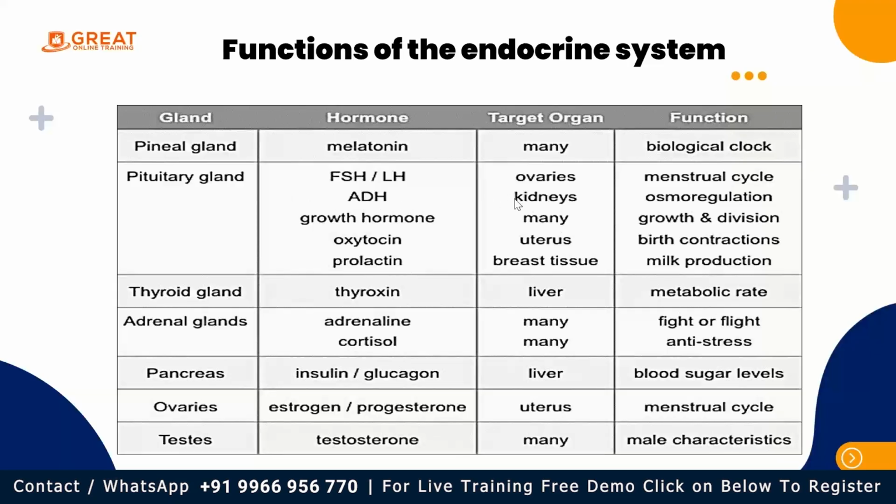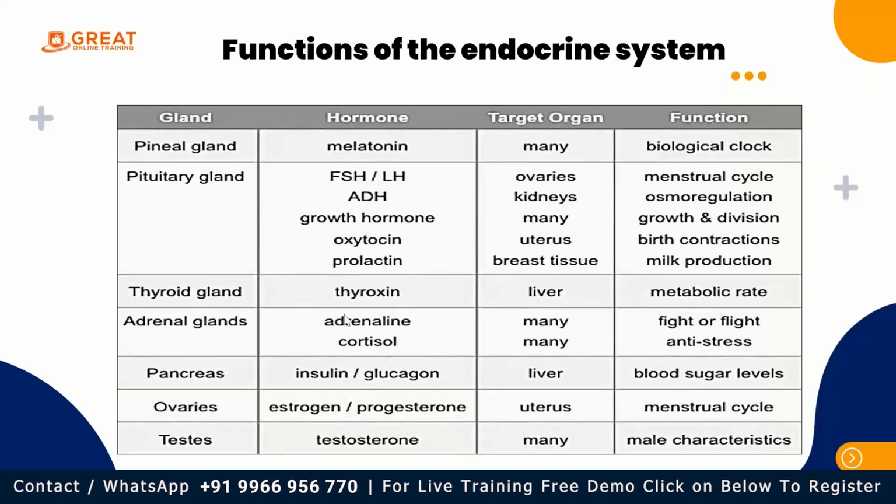Then ADH, which targets the kidneys for osmoregulation. Then growth hormone, targeting many organs for growth and division. Oxytocin targets the uterus for birth contractions, and prolactin targets breast tissue for milk production. These are all hormones secreted by the pituitary gland.